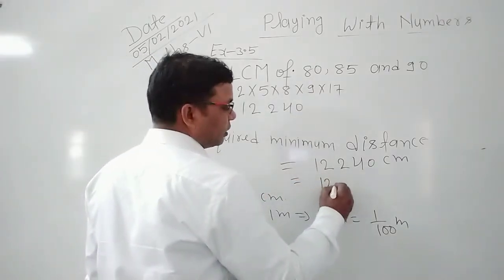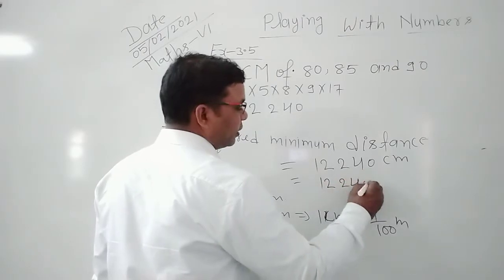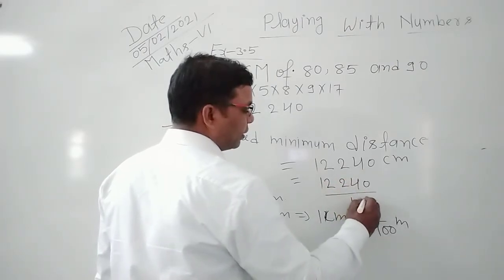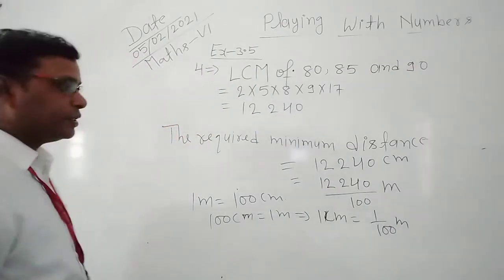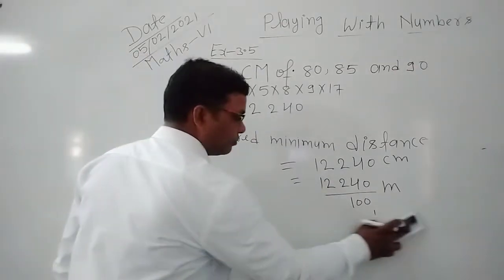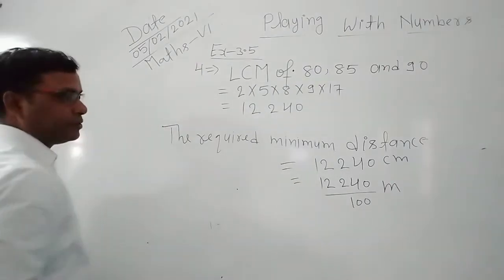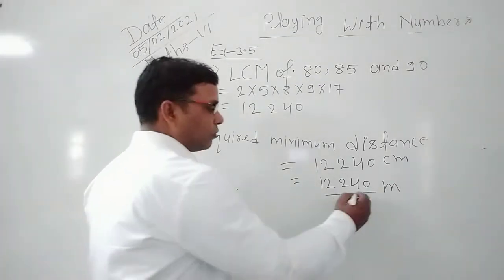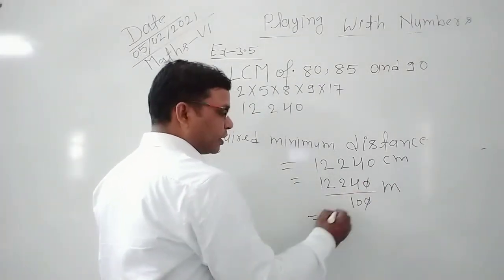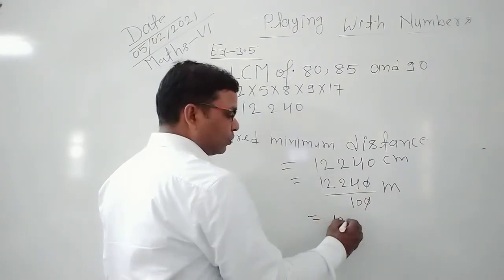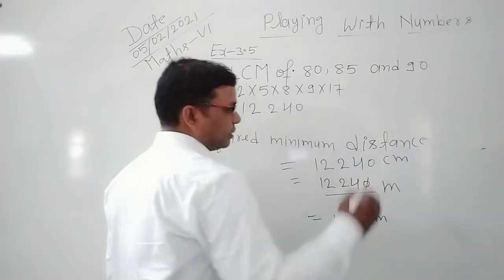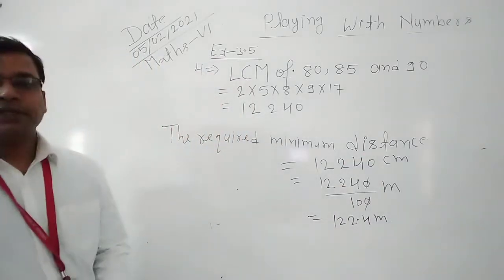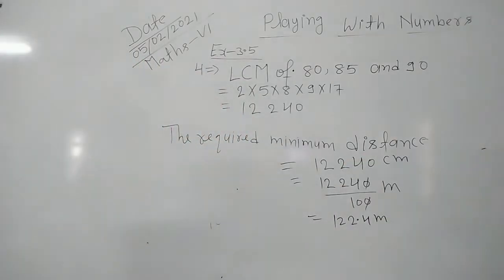So it will become 12,240 divided by 100, so we get it in meters. This is clear? Now if you divide it, you can cancel 0 by 0 and we will get 122.4 meters. So student, I hope all of you understood this question.